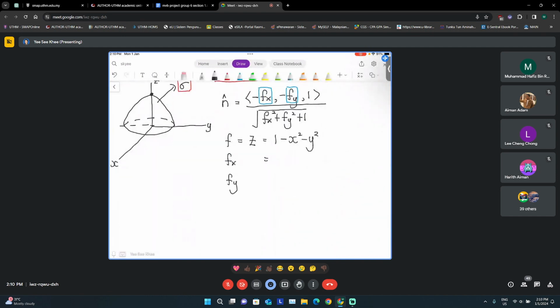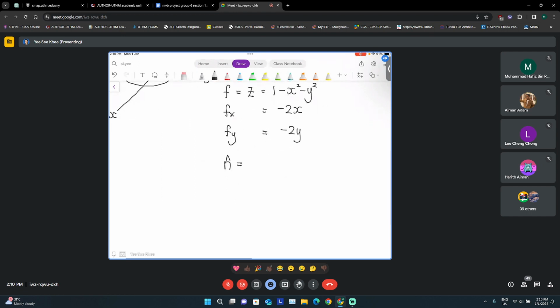Okay, continue. So find the differentiations. This one will be equal to negative 2x, and the fy is negative 2y. Complete. Now you put this answer into the equation of the unit normal vector. So you have 2x, and you have 2y, and you have 1.